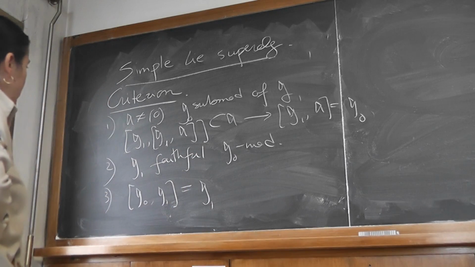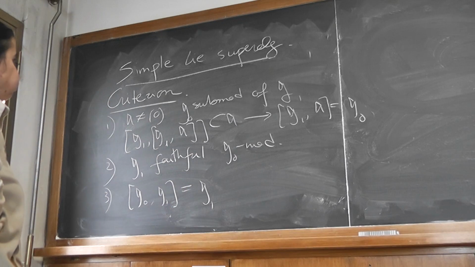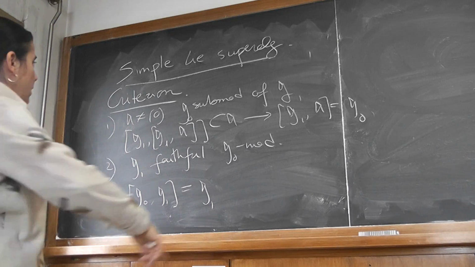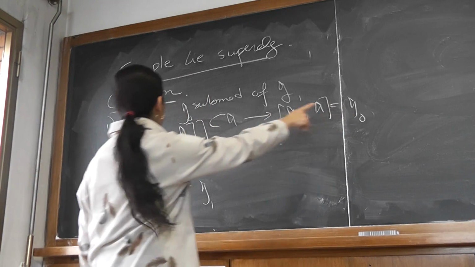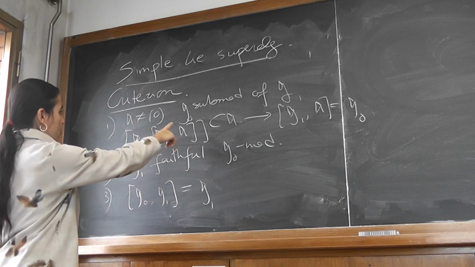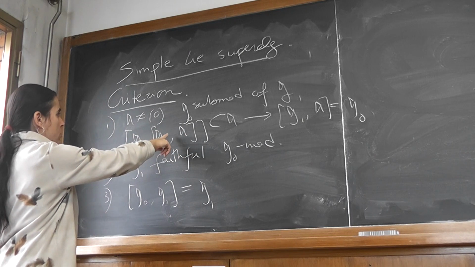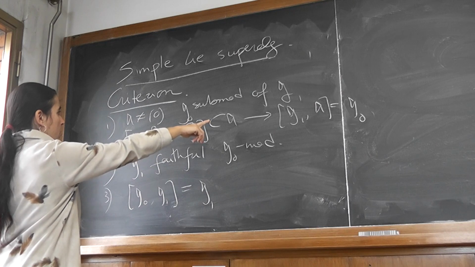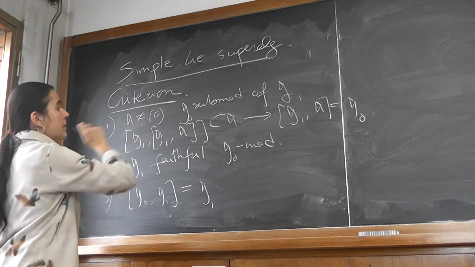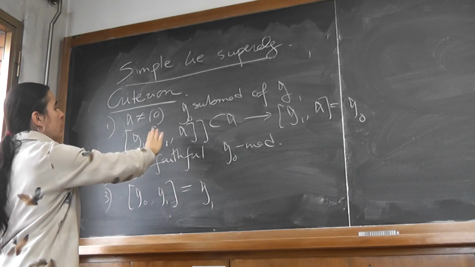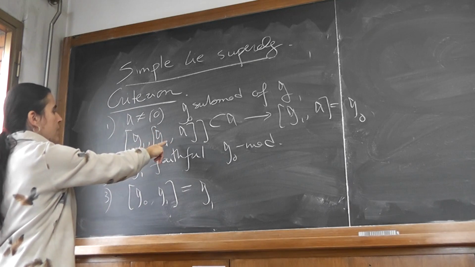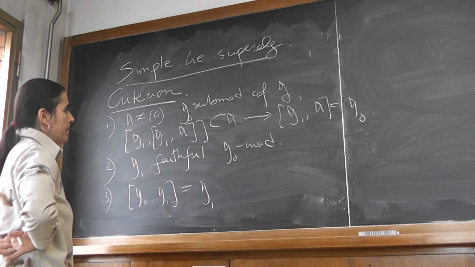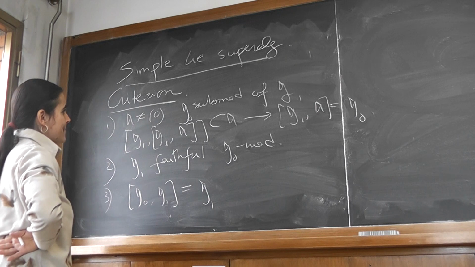Because if this is equal to G0, then it means that G1, G0 must be inside of A, right?